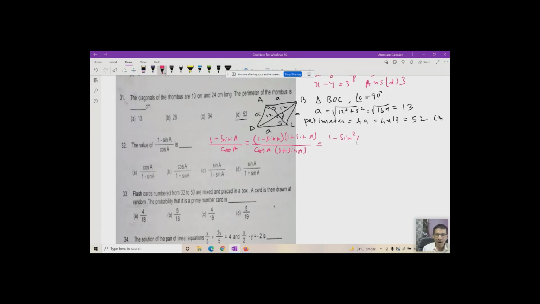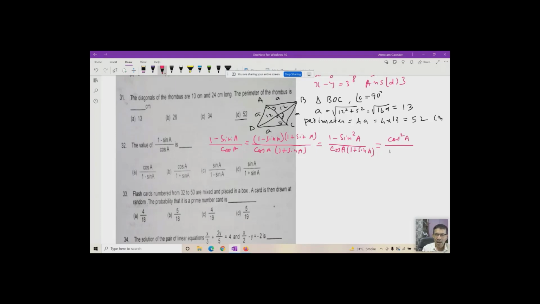And the denominator I am keeping as it is, cos A into 1 plus sine A. Now 1 minus sine square A will be equal to cos square A from the first trigonometric identity.